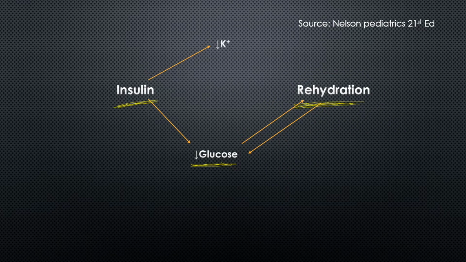Insulin also causes hypokalemia by shifting of potassium inside the cells. Rehydration causes hypokalemia with the increase in GFR, which ultimately leads to loss of potassium from the kidney. This is due to the high aldosterone levels during diabetic ketoacidosis.